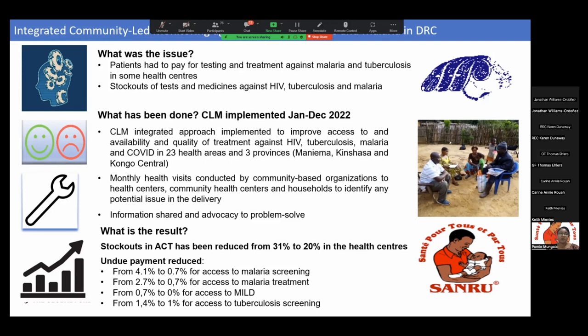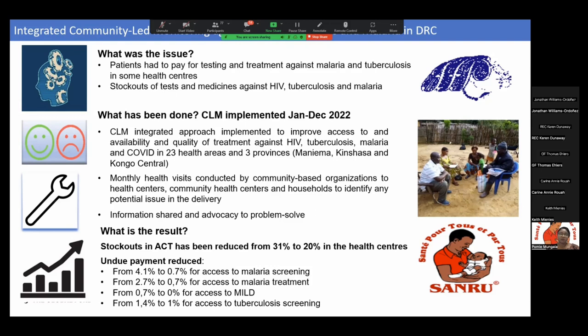And in the 2 provinces, we are in 7 health zones in Kinshasa, and in Central Congo, we are in 6. So we have 23 health zones that we are supporting through the intervention of CLM. The experience that we share here is about the Maniema province.